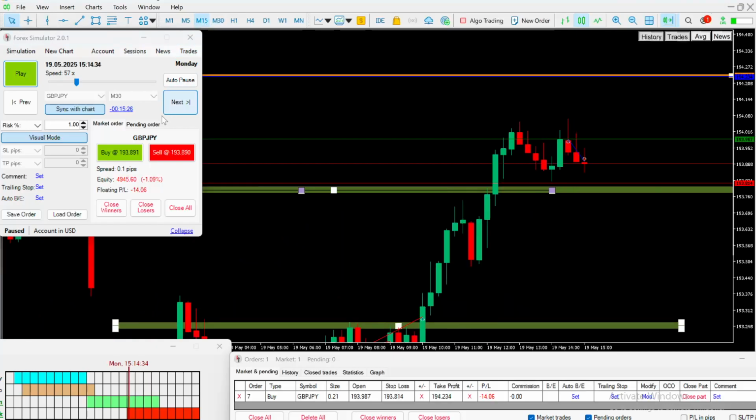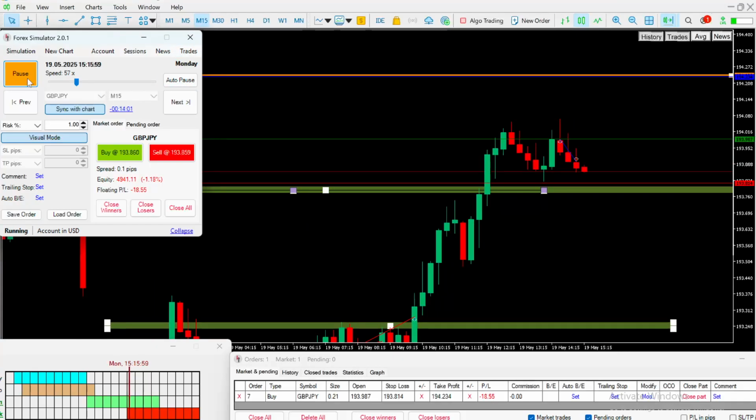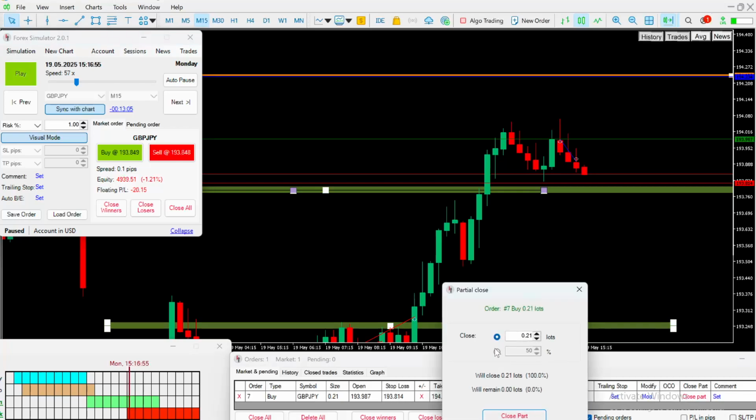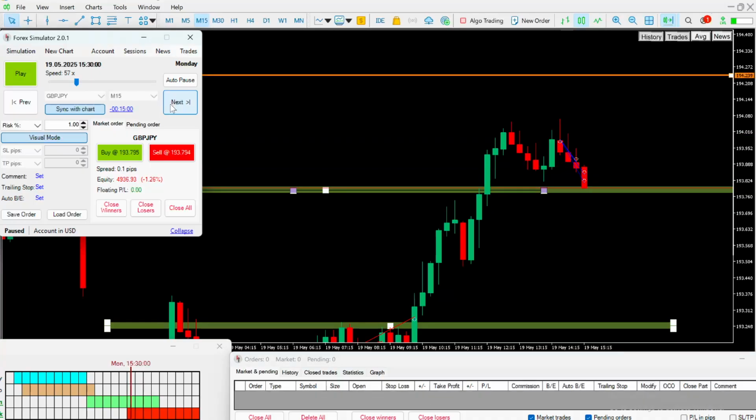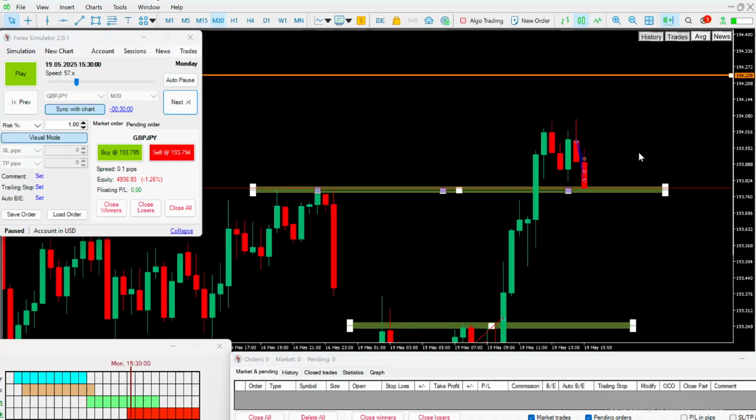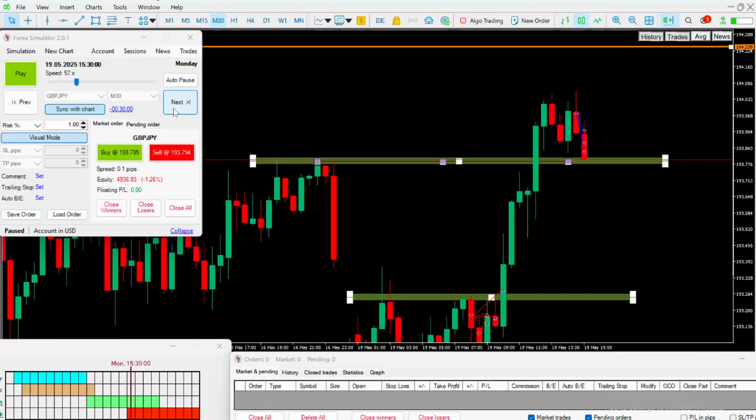15-minute candle has closed bearish. It's not good news. Okay, I close half of this again. I guess the mistake here, but sometimes it works, you see?